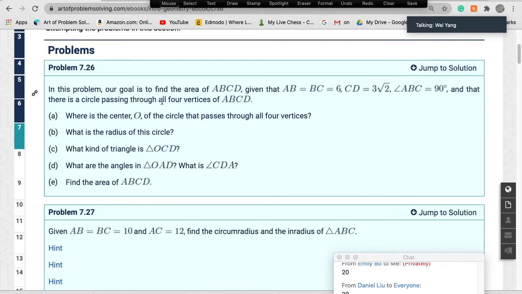In this problem, our goal is to find the area of ABCD.